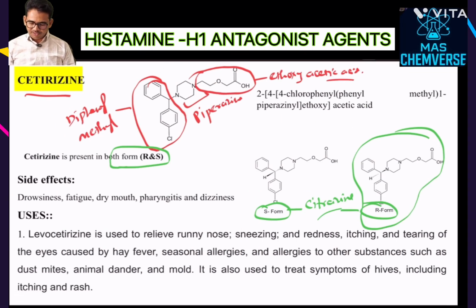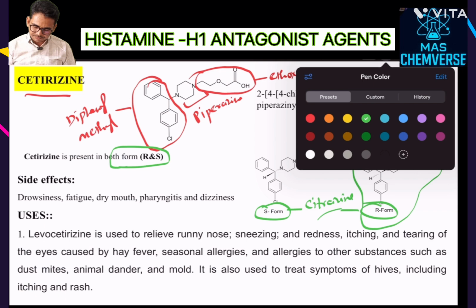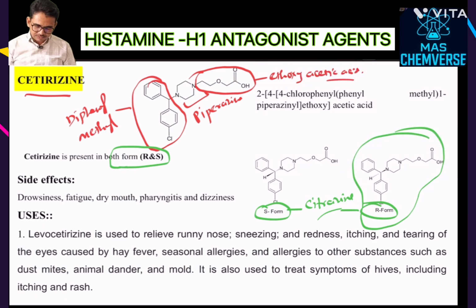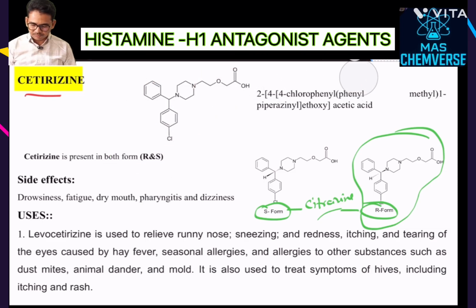Why it is the S form, how it comes about: when you see the structure, you will come to know. Just see here, give the priority for this. Nitrogen is the first priority.